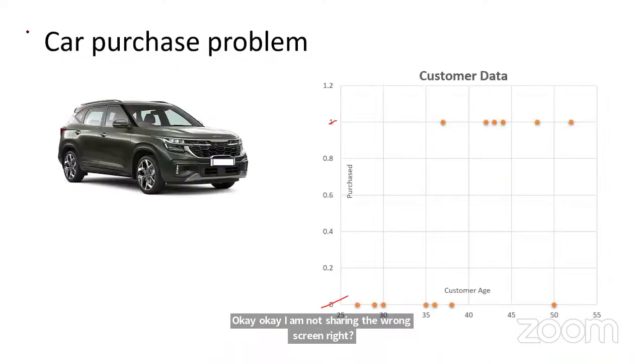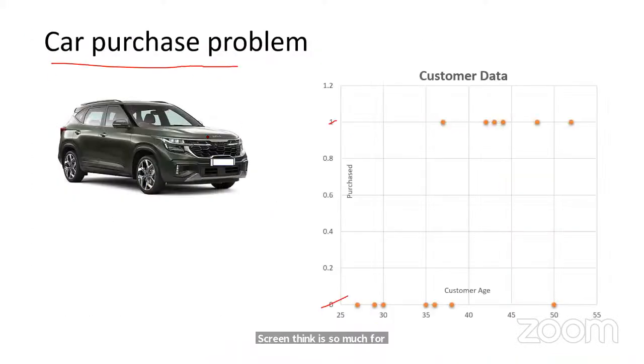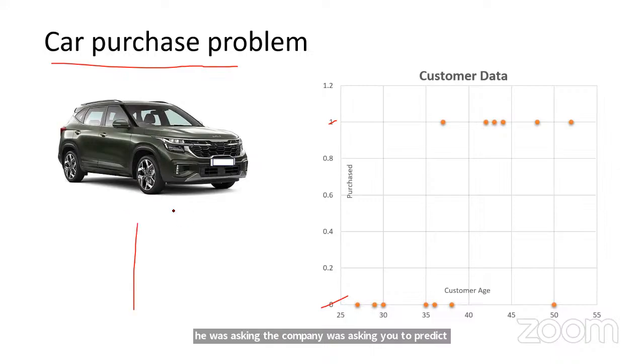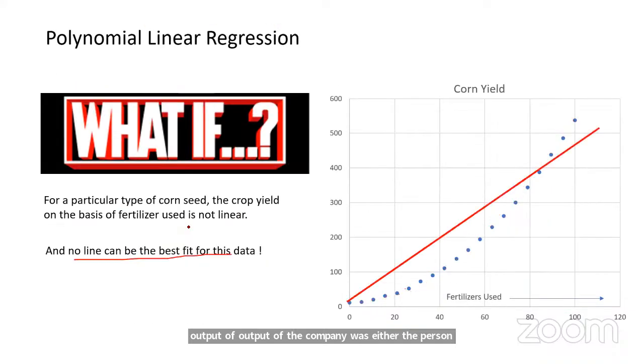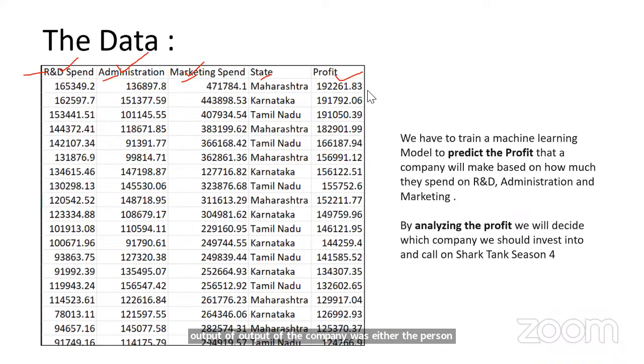All right, so we were having this car purchase problem of the company Tia, and the company was making the car, and the company was asking you to predict whether the person will buy the car or not. But the output was either the person buys a car, one, or the person does not buy a car, zero, right? In the regression that we did, the output was a continuous value.